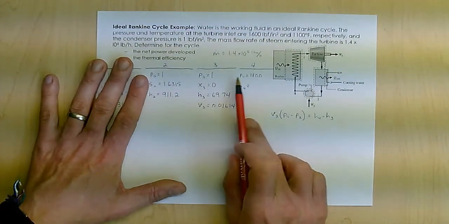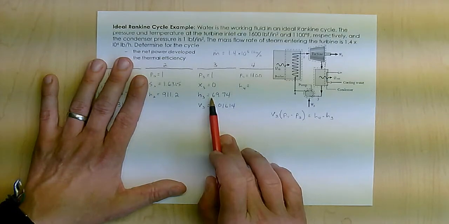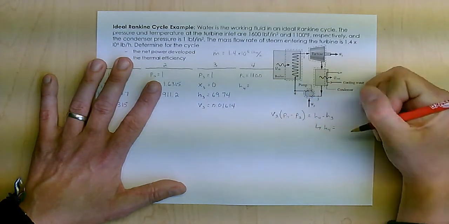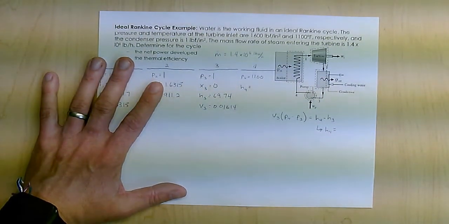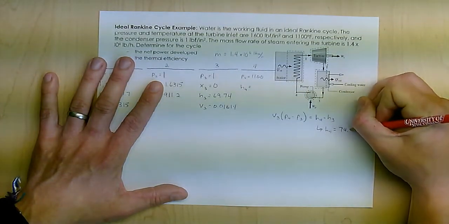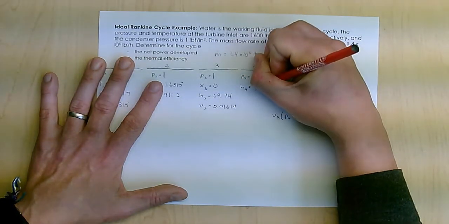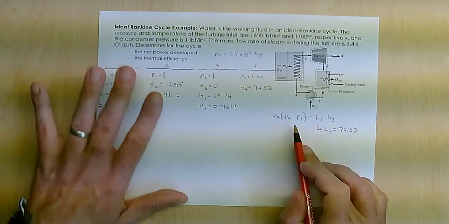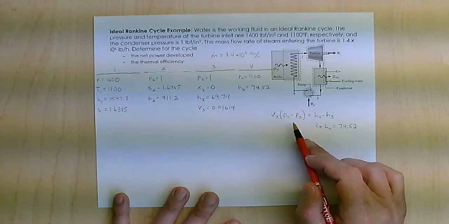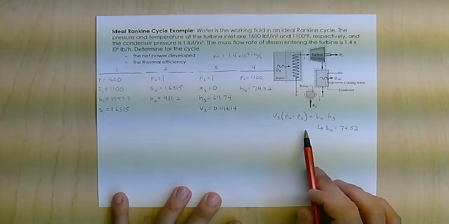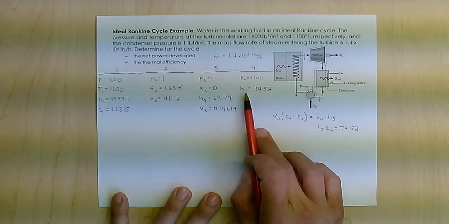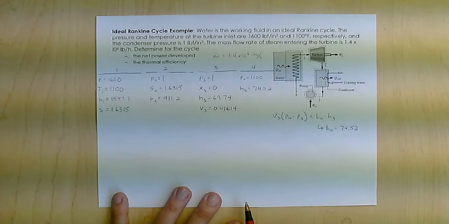I know V, I know my P's, I know H3. The only thing I don't know is H4, but I can solve that and find that H4 equals 74.52. So we use this idea of the isentropic steady state flow of an incompressible substance to find the work of the pump, both using V delta P as well as delta H. That helps me set my state, which is what I'm looking for.